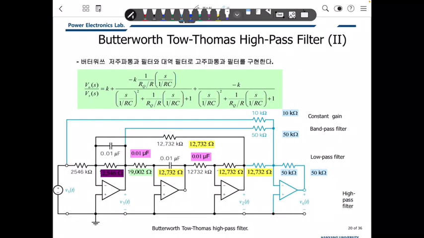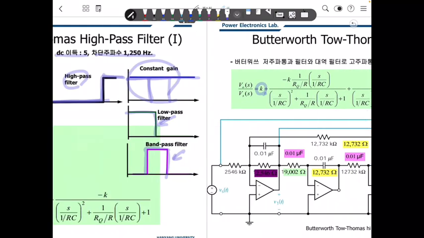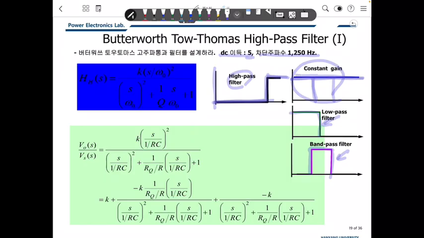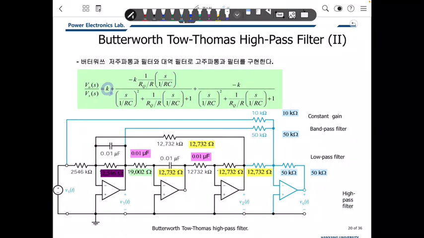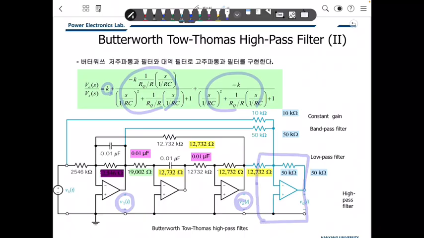So we can make these high pass filters. How can we do that? So this is K is 5. This is 5, and this is a band pass filter and a low pass filter. We already have them, very simple. This is a band pass filter here, and this is a low pass filter here. So to do that, we need to insert some op-amp, the calculator. This is kind of the adder.